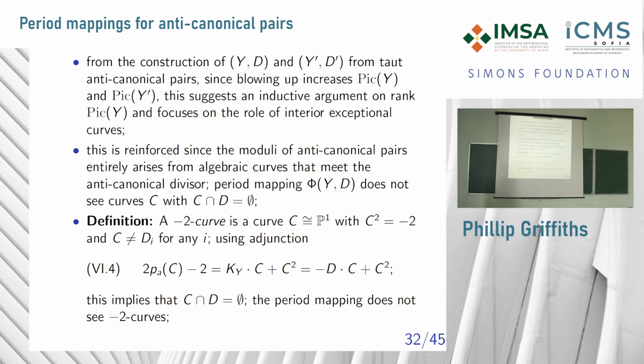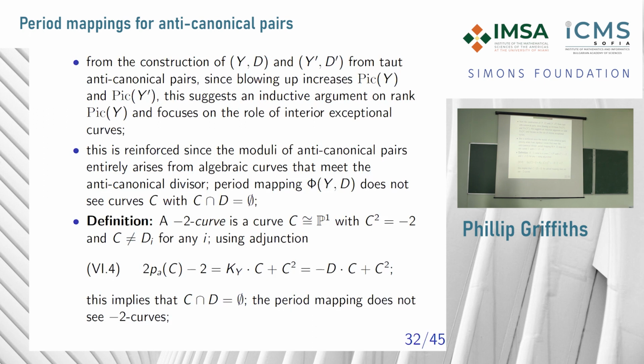And this suggests an inductive argument on the rank of the Picard variety. It focuses on the role of the interior exceptional curves, because the period map doesn't see curves that don't meet the anti-canonical divisor.